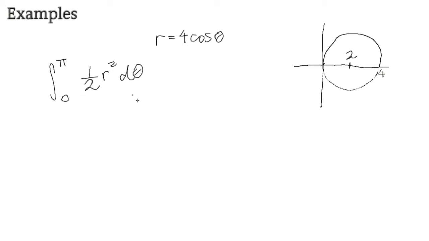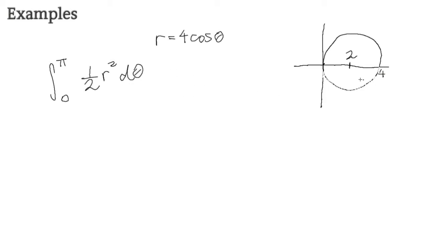This half r squared d theta is just a standard integral, so you will have to remember this formula whenever you do a polar integration. This equation comes into play, and the only thing that changes is the r and the limits. So do remember this equation, it's helpful.